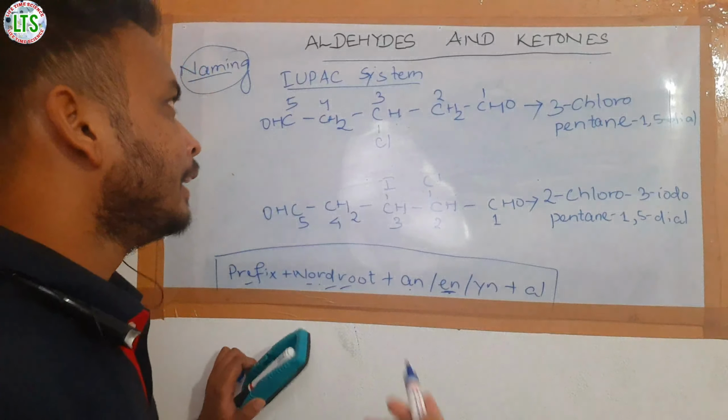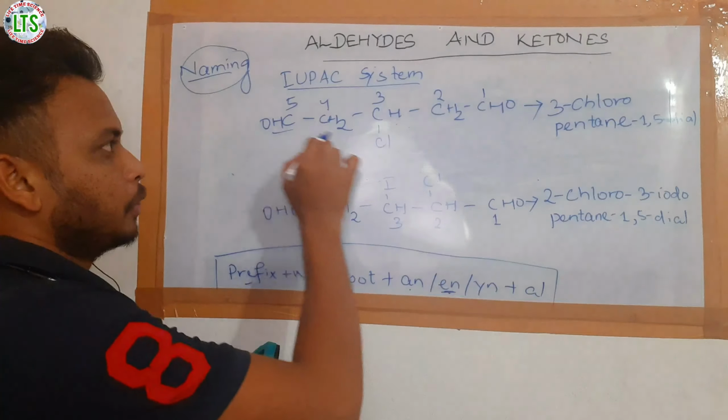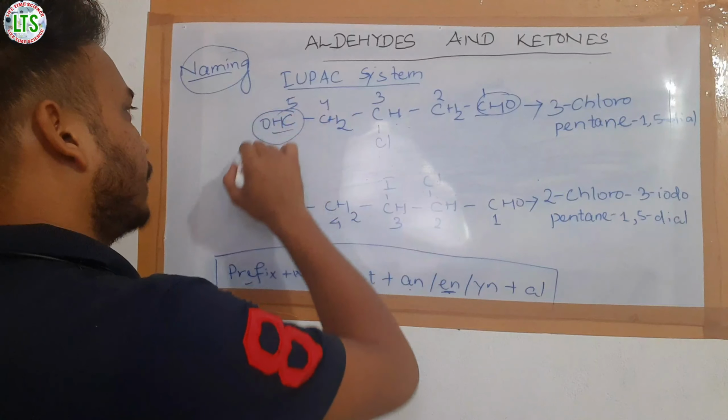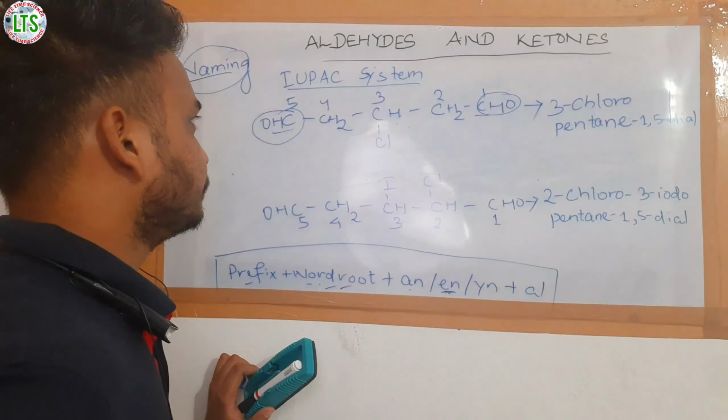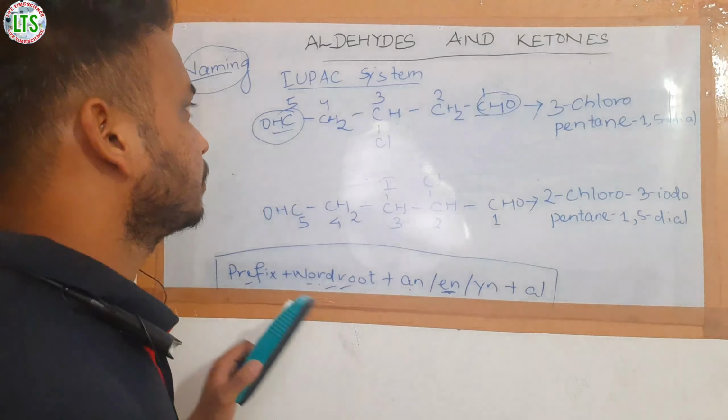Next, another type of naming is if two CHO groups or two aldehyde groups are present in the compound. How can we name that type of compound?